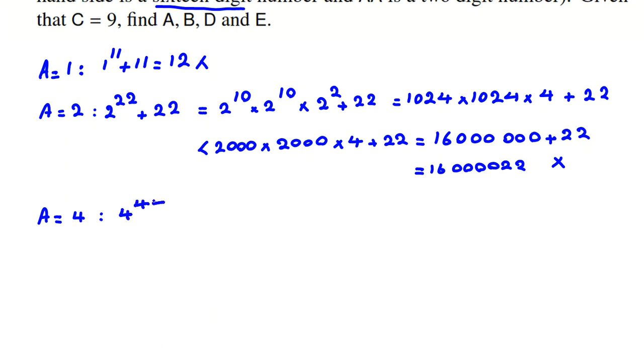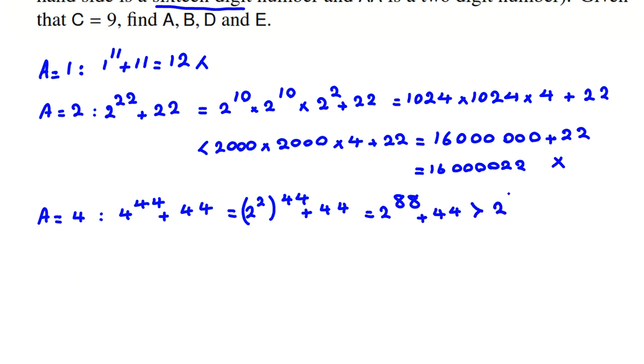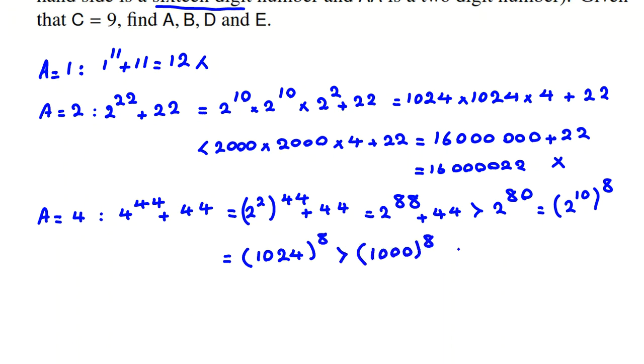4 to the power of 44 plus 44. It will be 2 squared to the power of 44 plus 44, so it will be 2 to the power of 88 plus 44. It is greater than 2 to the 80, and this one is 2 to the 10 to the 8, which is 1024 to the power of 8 and greater than 1000 to the power of 8.